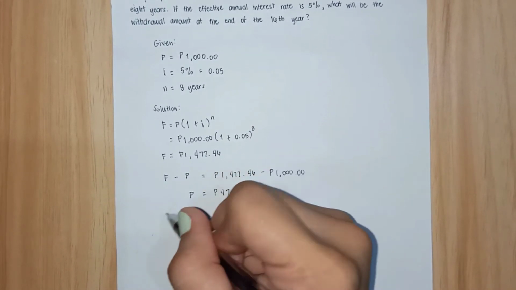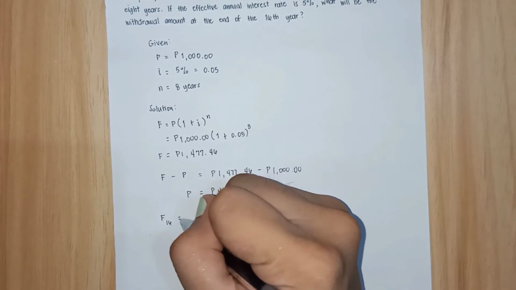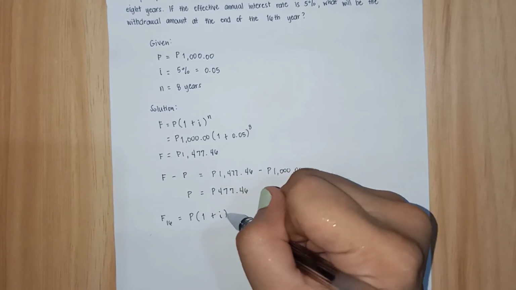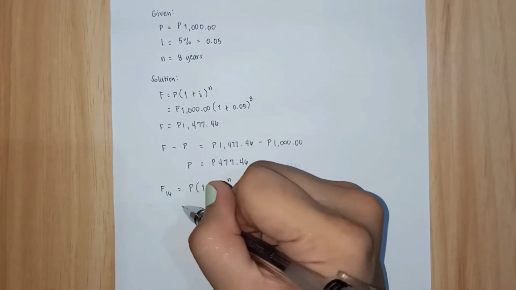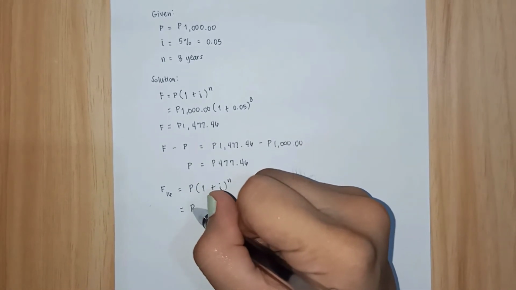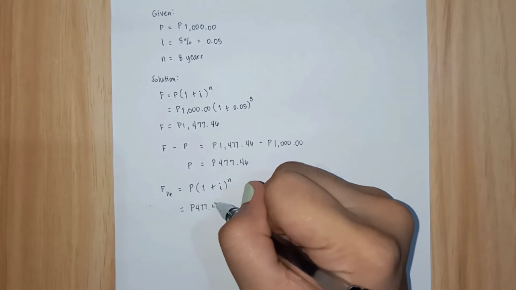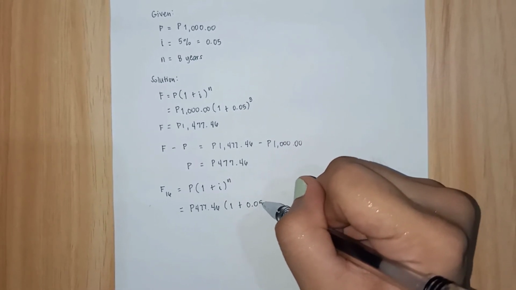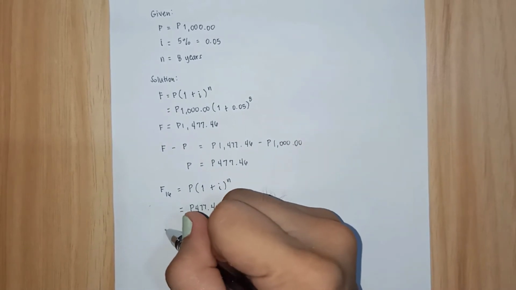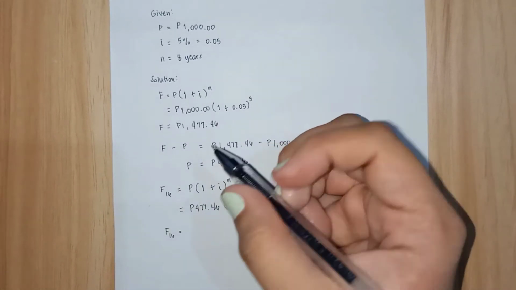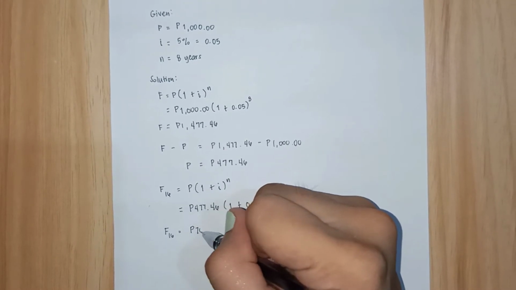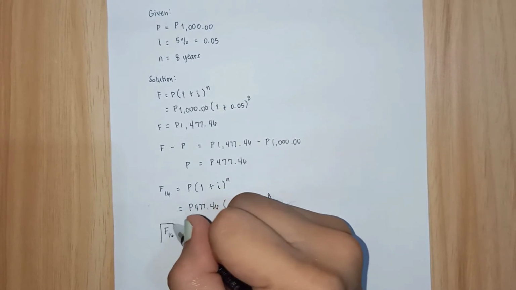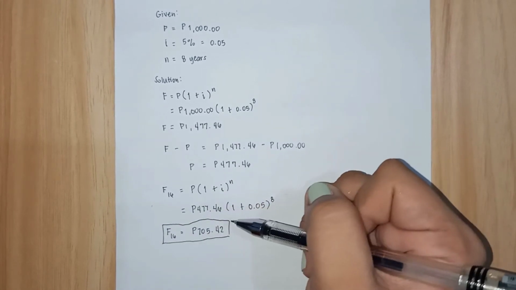Label natin siya as P. So, F16 is equal to P times 1 plus I raised to N ulit. Ang gagamitin nating P ngayon ay yung 477.46 pesos times 1 plus yung I natin na 0.05 raised to 8. Ang F16 natin ay equal sa 705.42 pesos. Yun na yung final answer.